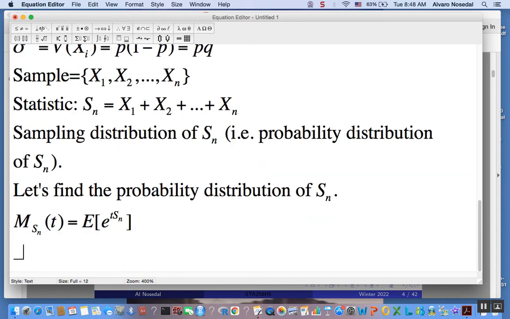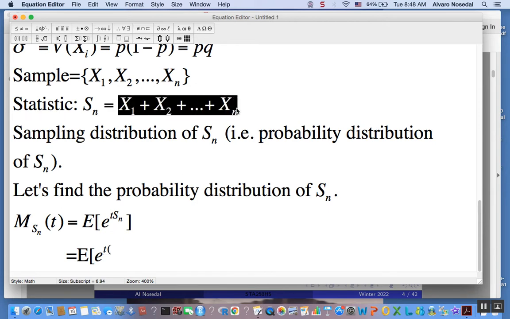Now, just by the way we defined Sn, this is the same as e to the power t times (x1 plus x2 plus x3, and so on up to xn).